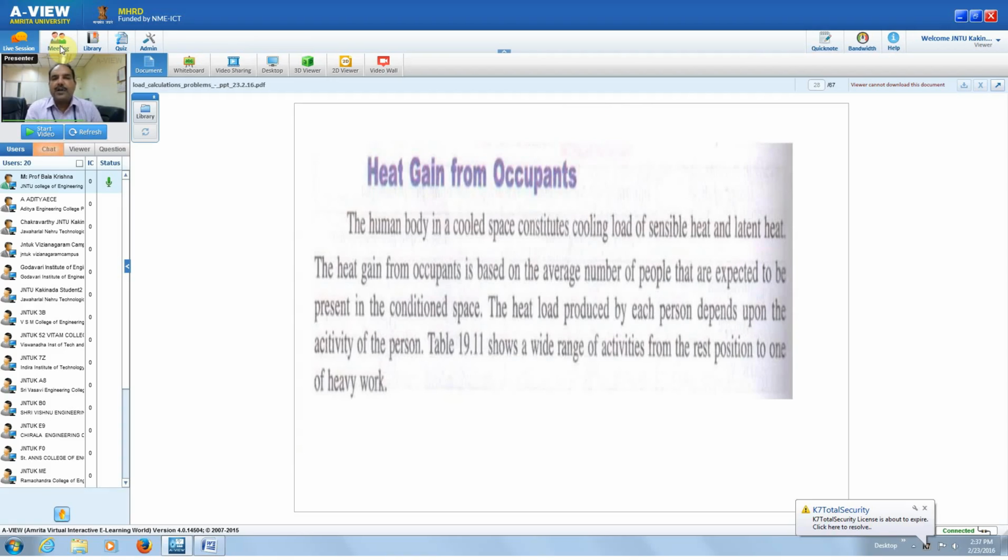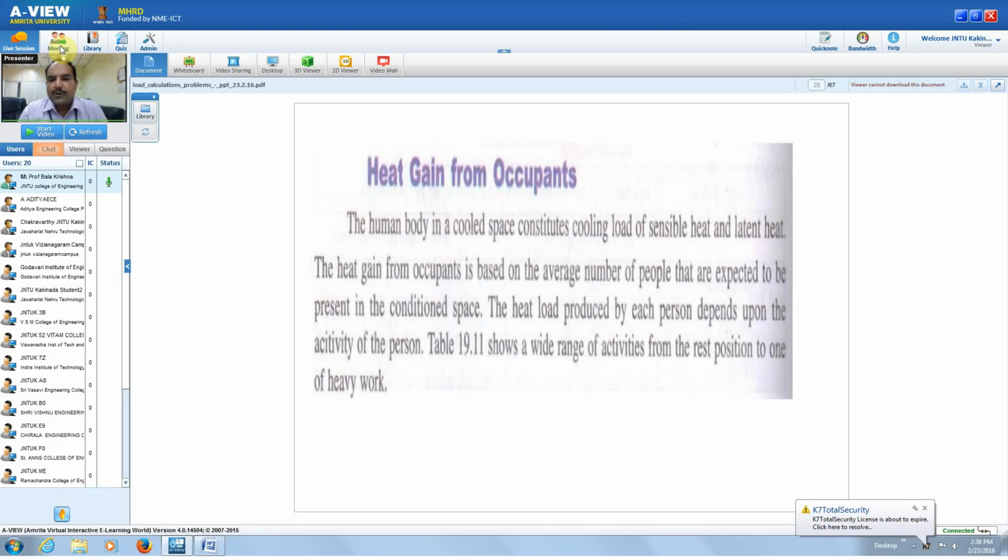Then the heat gain from the occupants is one of the heat calculations we have to consider. The human body in a cooled space constitutes a cooling load of sensible heat and latent heat. The heat gain from the occupants is based on the average number of people that are expected to be present in the conditioned space.